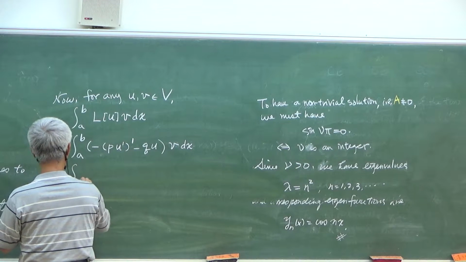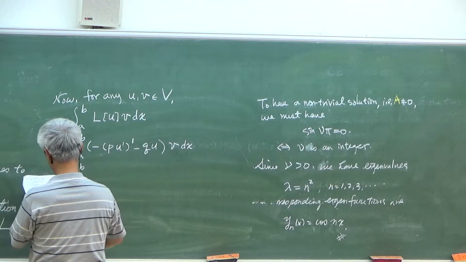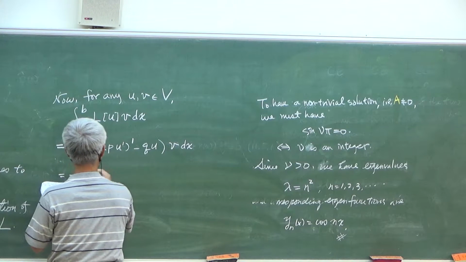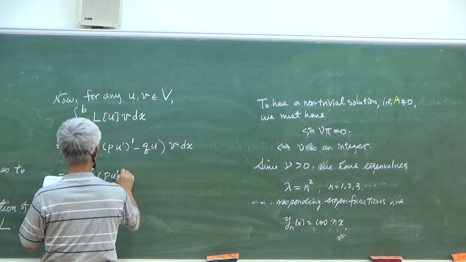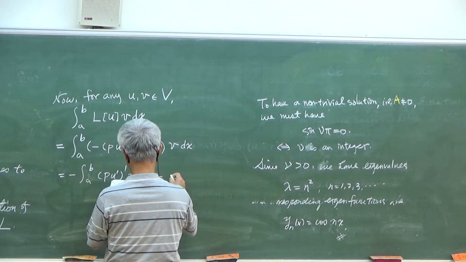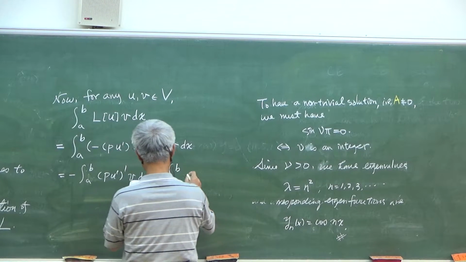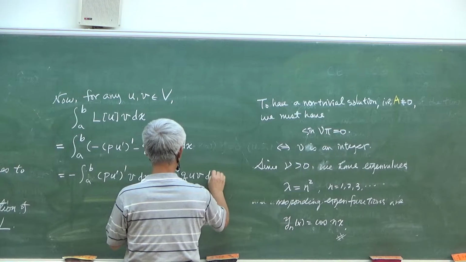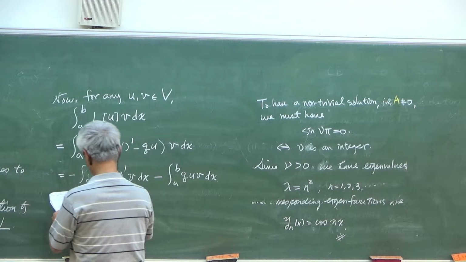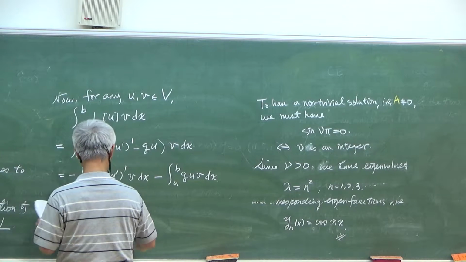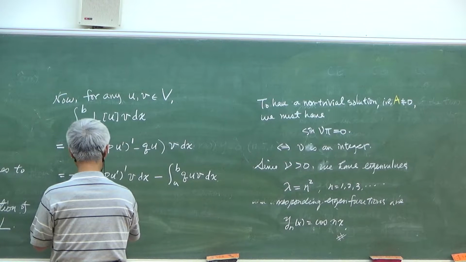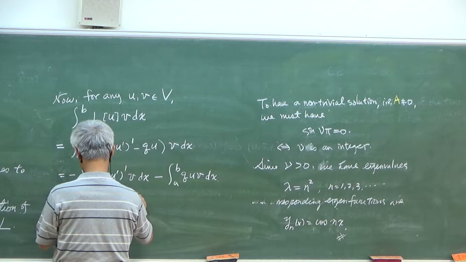So we have two terms. We have minus the integral from a to b of the derivative of p u prime times v dx, minus the integral from a to b of q u v dx. Now for the first one, we think about integration by parts.